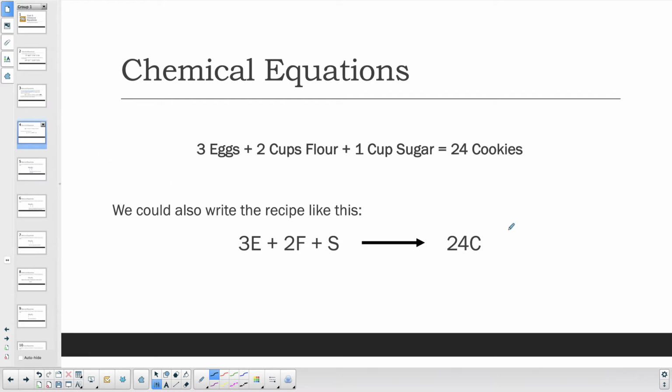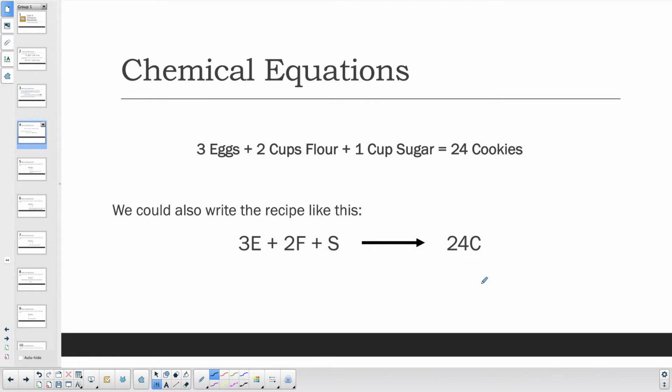Another way of looking at our recipe is that we could abbreviate the names of our ingredients and the product of the cookies. So 3E plus 2F plus S yields 24C. And when we do this, it starts to look a bit more like a chemical equation.